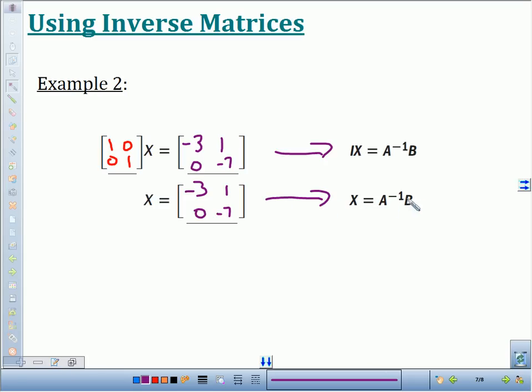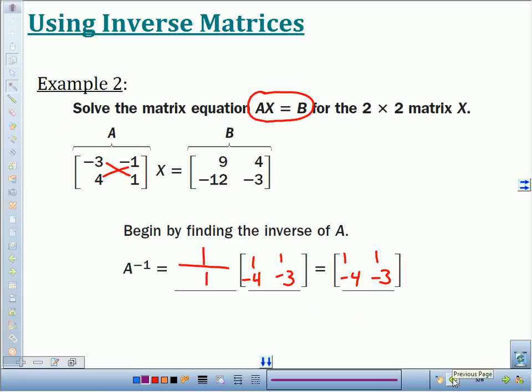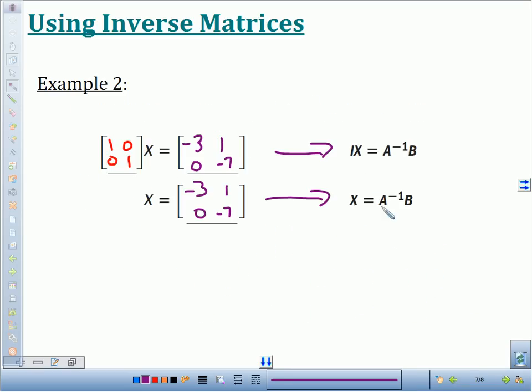Matrix X equals the inverse of A times B. And that's going to hold up. You can see, as I said, when I have this matrix like this, normally we would divide, but instead of dividing for matrices, we multiply by the inverse, which is what we've done here. We have the inverse of A times B, and that gave us the equivalent of dividing by A.